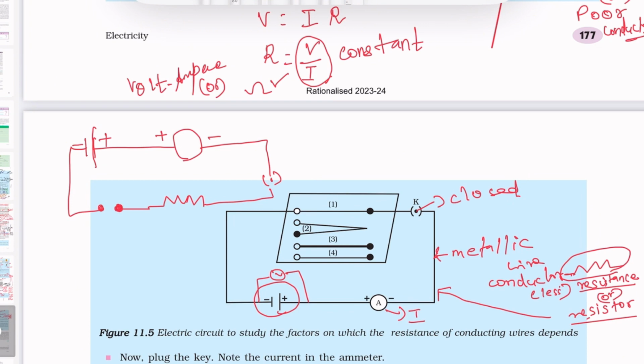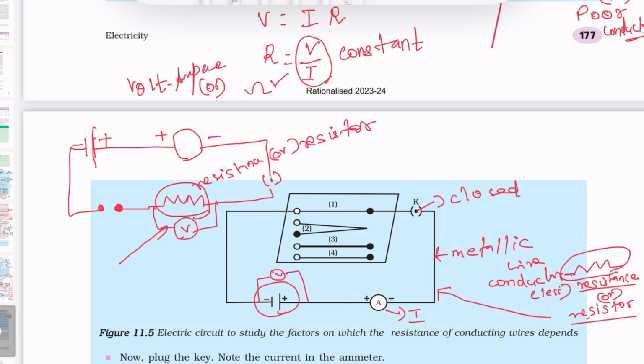So we know, as soon as I see this symbol, this is a resistance or resistor which is going to oppose or resist the flow of current. Then whenever there is a resistor, we can calculate the potential difference. For any given resistance, I can connect a voltmeter and find the potential difference.